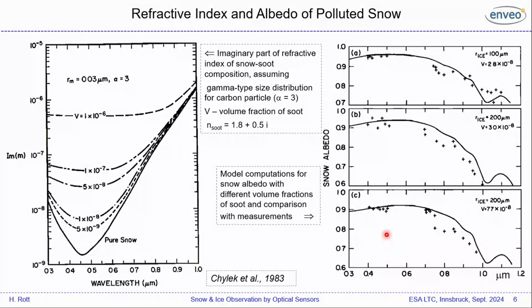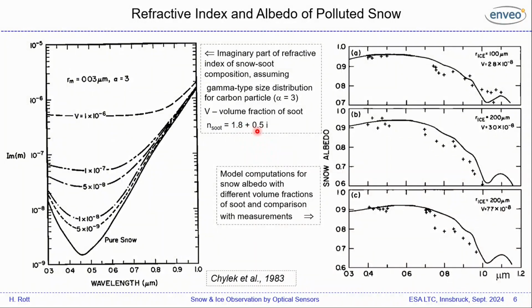This shows the refractive index and albedo of polluted snow. In this example, it's also a model computation. This is the imaginary part of the refractive index of a snow soot composition, and for carbon particles, carbon has a very large imaginary part. 0.5 is quite large.